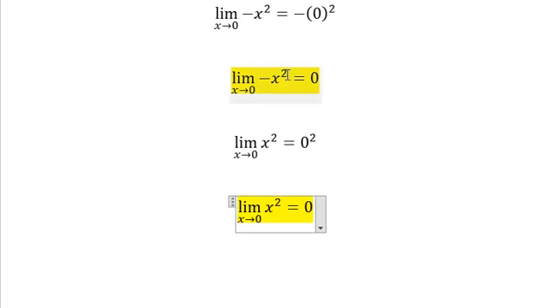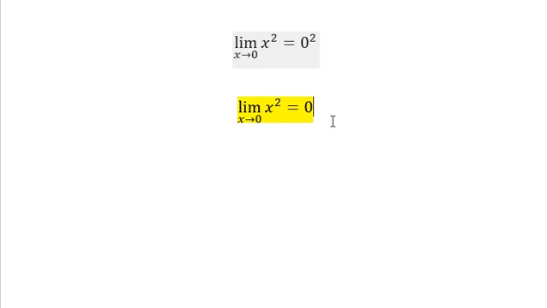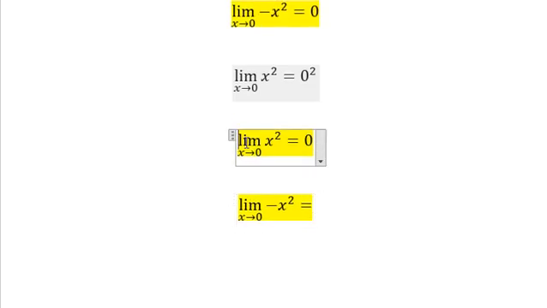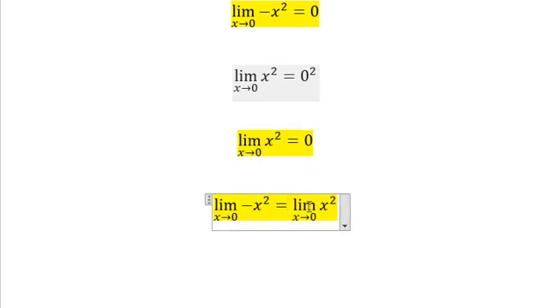So notice something. Notice that both limits, the limit as x approaches 0 of minus x squared, is the exact same thing as the limit as x approaches 0 of positive x squared, which both are equal to 0.